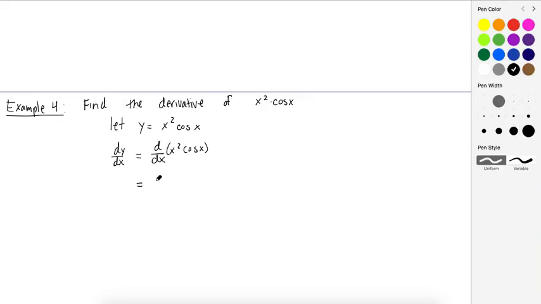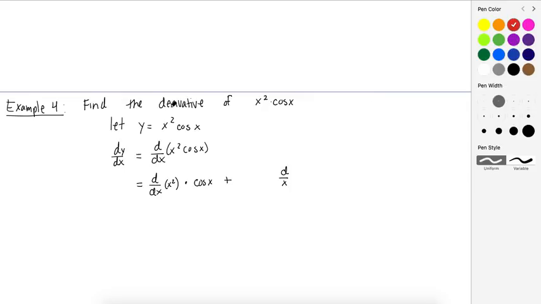So that's what I'm going to do. I'm going to do d of x squared times cosine of x plus, since we're doing multiplication, the derivative of the second being cosine x.